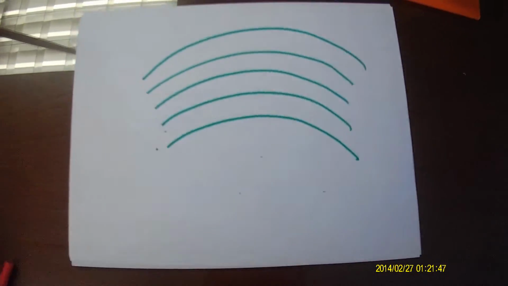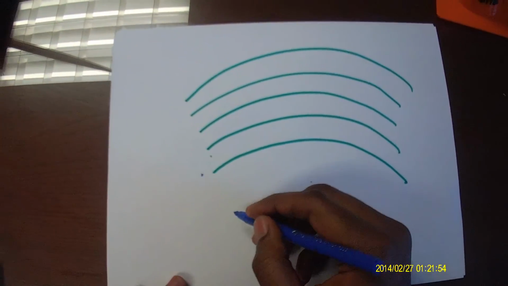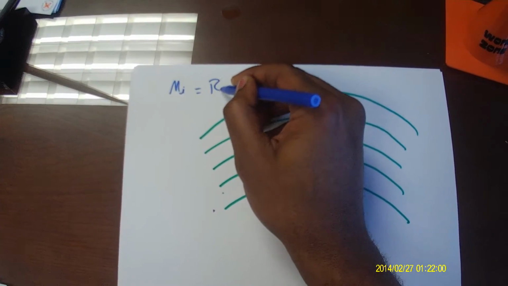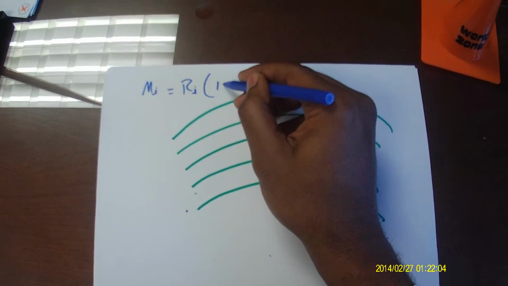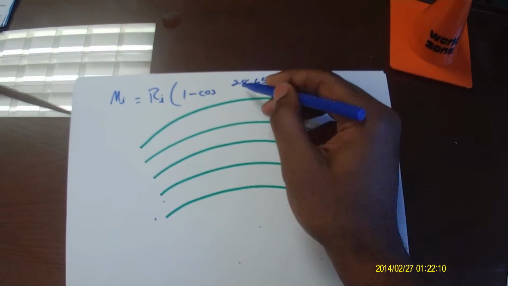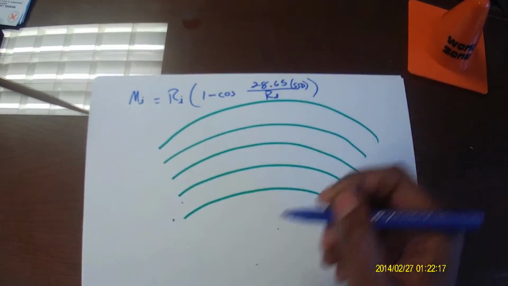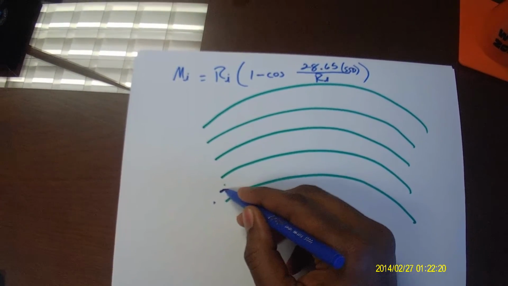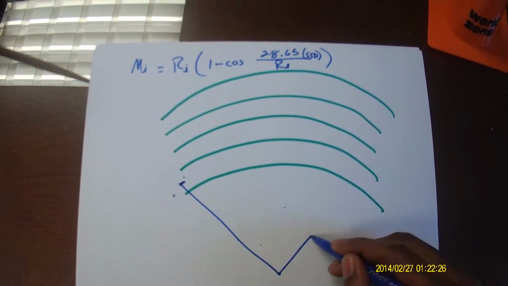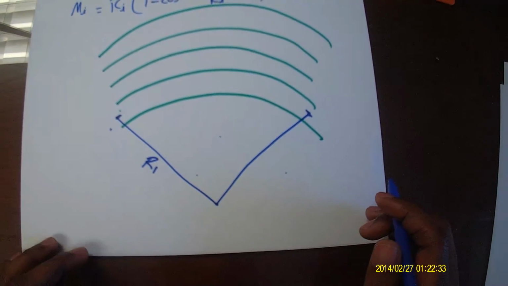If I were to change it to being represented as 4 lanes, then this M sub I, which is equal to R sub I times (1 minus cosine of 28.65 divided by R sub I, times your stopping sight distance), that R sub I now needs to be measured from the center of the innermost lane of the curve. That is now R sub I.